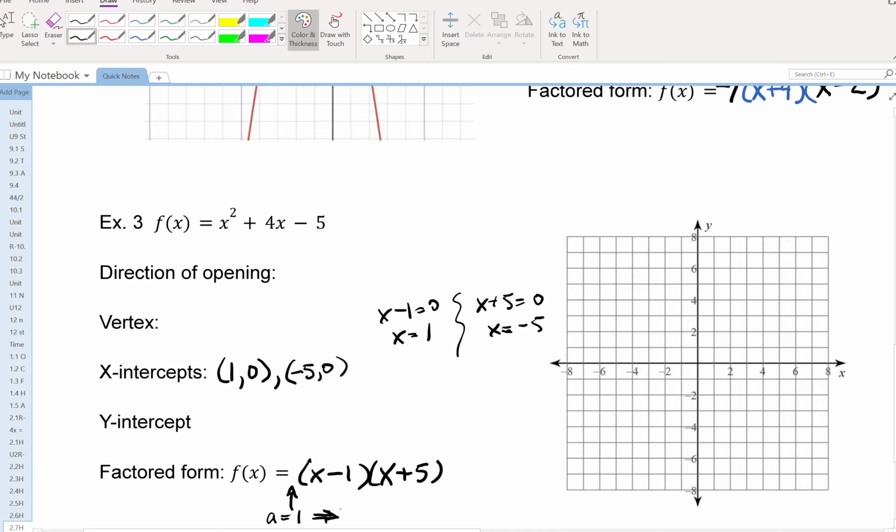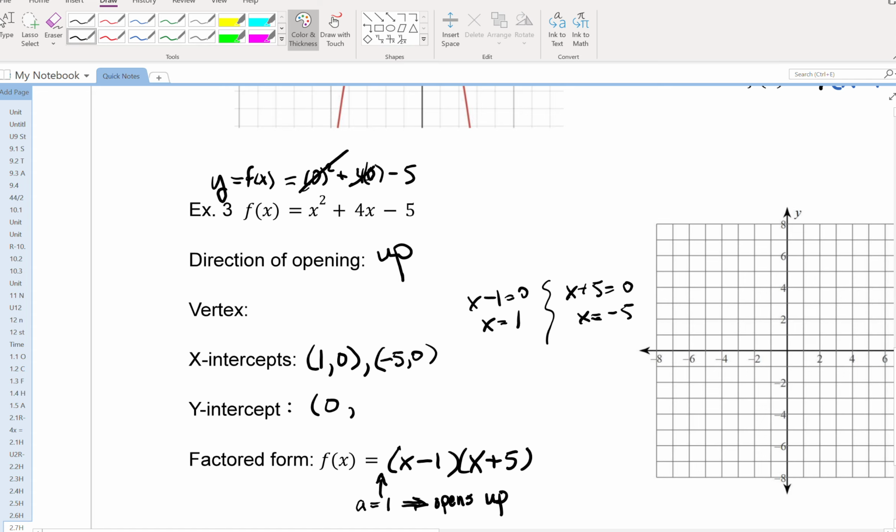Y-intercept is at the point always 0 in x, comma something. Now, if I put 0 here, that's 0 squared, plus 4 times 0 minus 5. And all this is equal to f of x, which is the same as y. Then this term goes away because it's 0. This term goes away because 4 times 0 is also 0. And y equals -5. So my y-intercept is at -5.